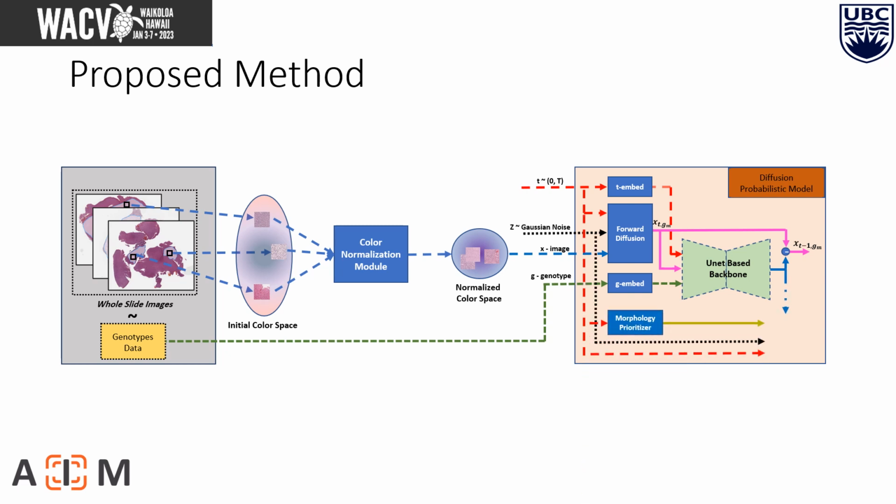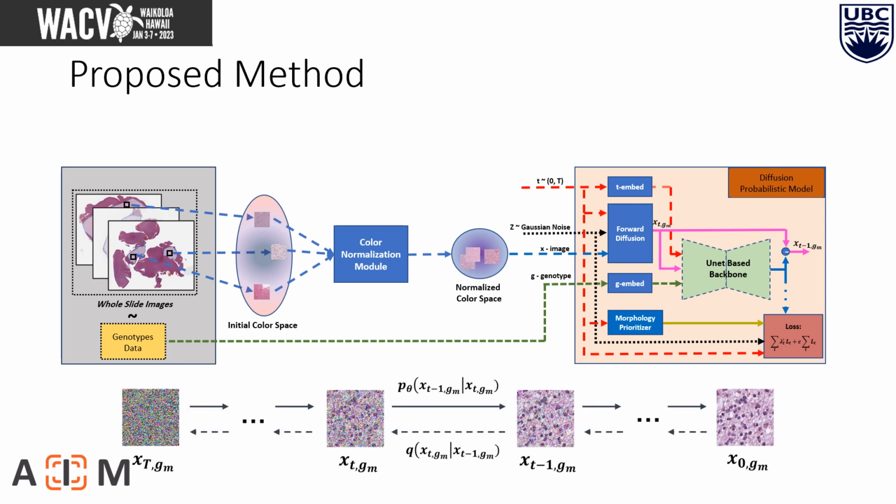Then the perception prioritized module assigns weights for time step T to focus more on morphological patterns instead of imperceptible features. Finally, the diffusion loss function will be calculated for the final backpropagation. Here is an example of the forward and backward diffusion process. In the backward generating path, by multiple small steps, high-quality images will be produced from completely noisy images.